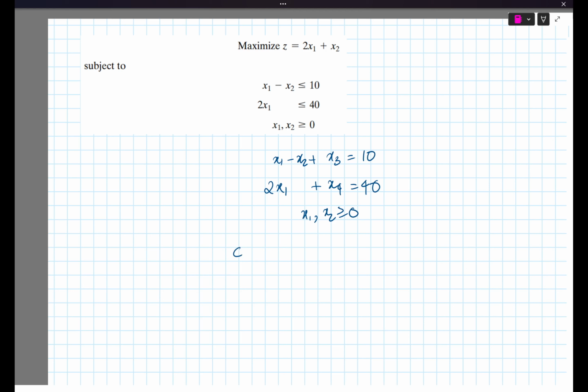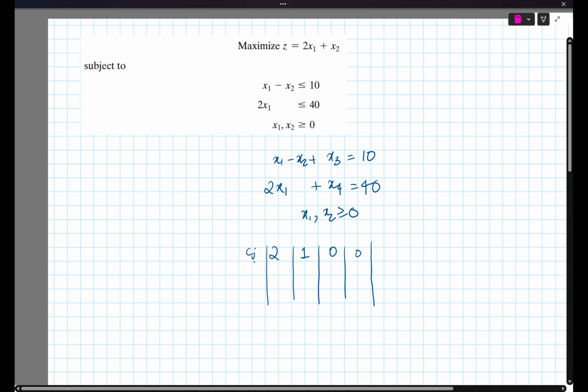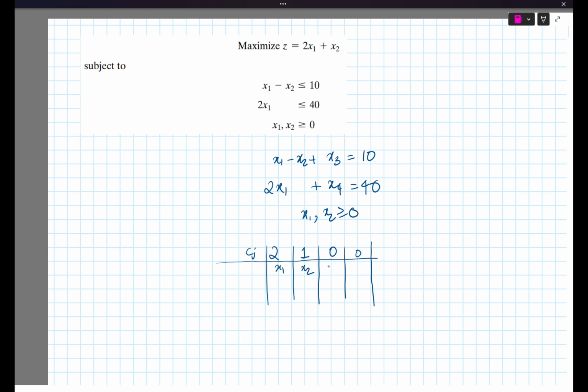So if I make my simplex tableau, I have cj as 2 1 0 0, and x1 x2 x3 x4 b, xb and cb. The rows are 1 minus 1 1 0 and 2 0 0 1.